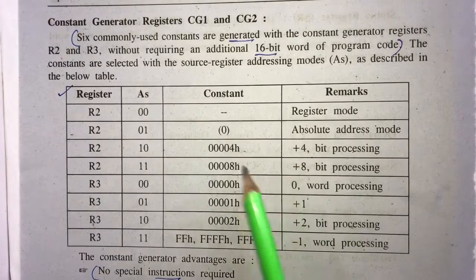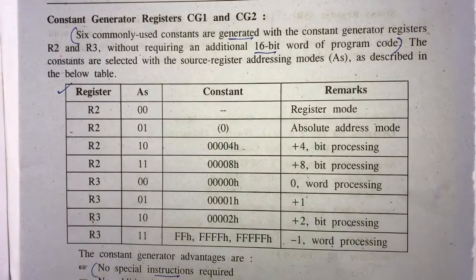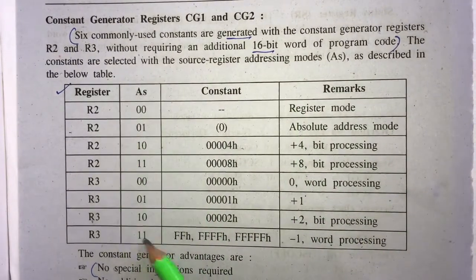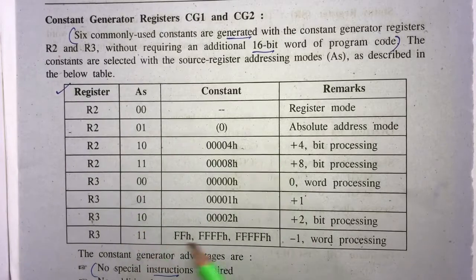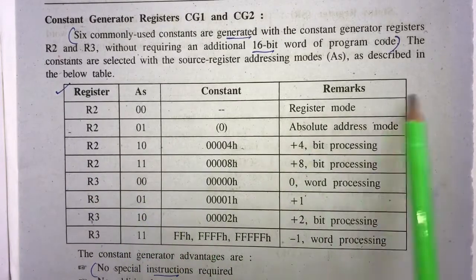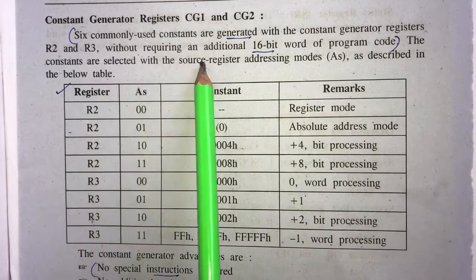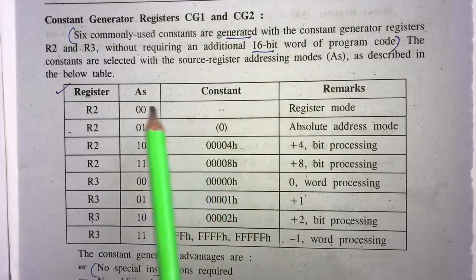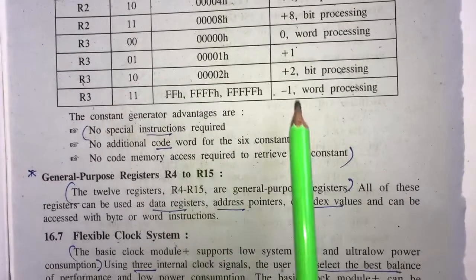Just see this. So these are the different combinations, 4 plus 4, total 8 combinations. And here the constants are selected with the source register addressing mode, that is AS, as described in the table below.